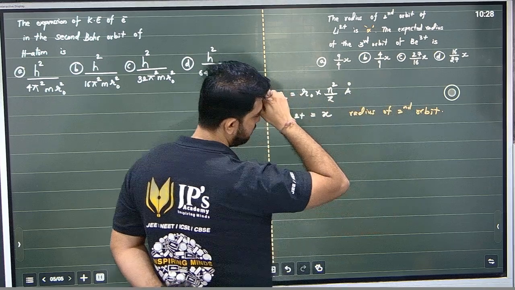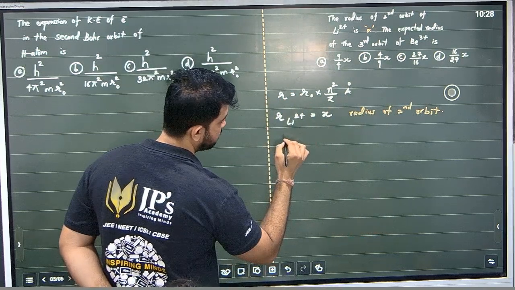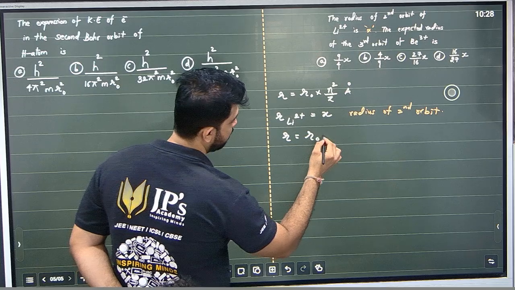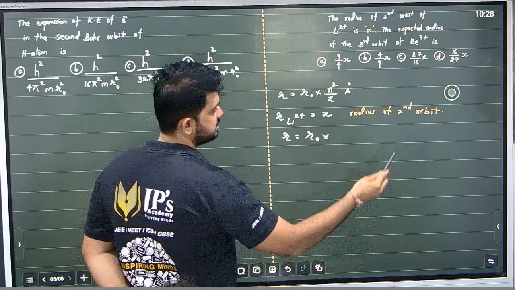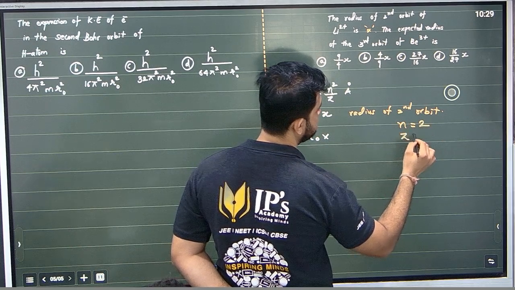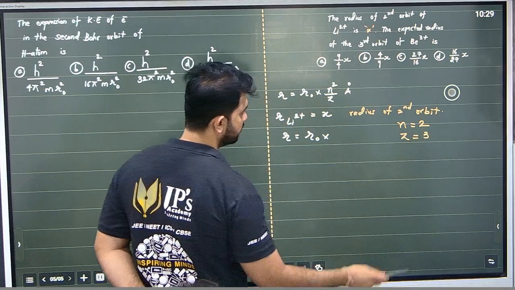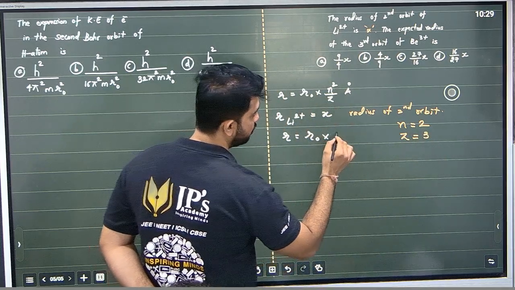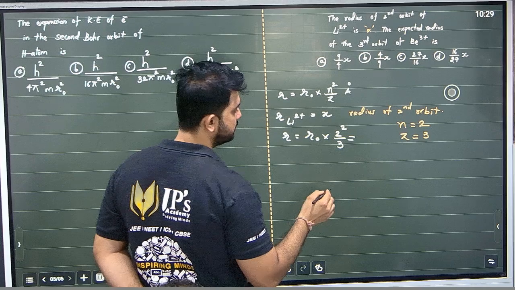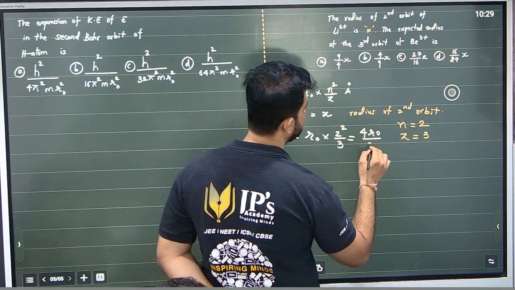Now put it in the formula and tell me how we will find the actual radius. Radius would have been r naught into, when they say second orbit, what is the value of n? 2. How much is z? 3. It is lithium, so it is 3. How much will that become? 2 square over 3, or how much is that? 4 r naught over 3.